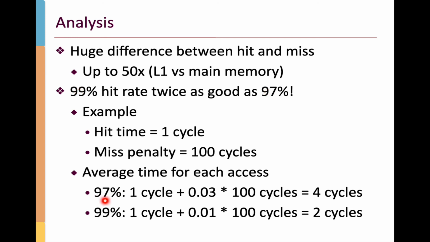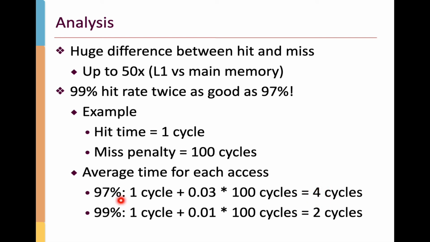If we get a hit rate of 97%, then on average we get our value from memory after 1 cycle, but 0.03 of the time we have to pay the 100 cycle penalty. So 1 cycle plus 0.03 times 100 gives us 4 cycles on average.